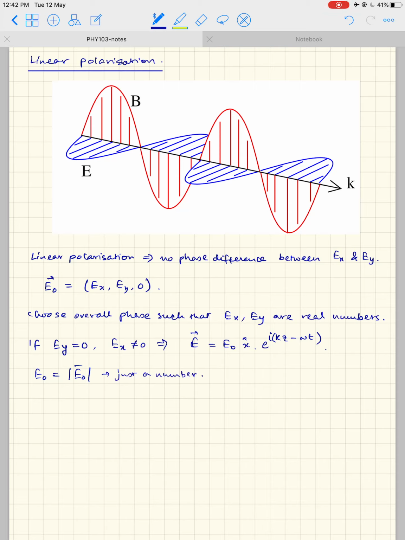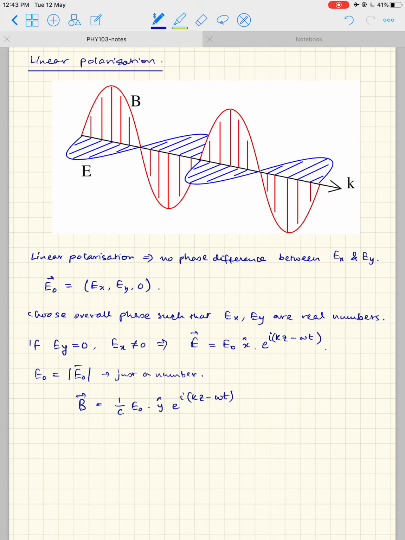And again, like we saw last time around, B is 1 over c E naught y cap e to the i(kz minus omega t).